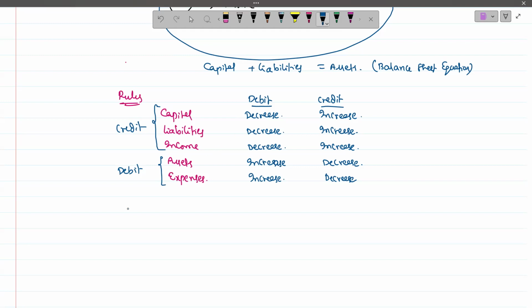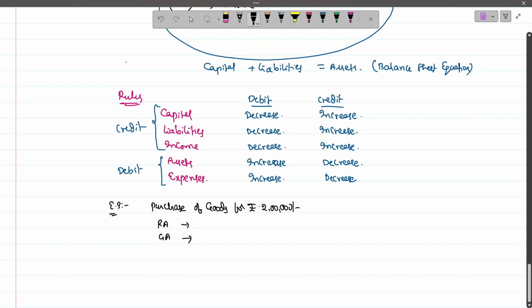So how can we identify them? For example, purchase of goods for 2 lakhs. Here, what is the receiving aspect and what is the giving aspect? The receiving aspect is goods, and the giving aspect is cash. Goods are an asset.